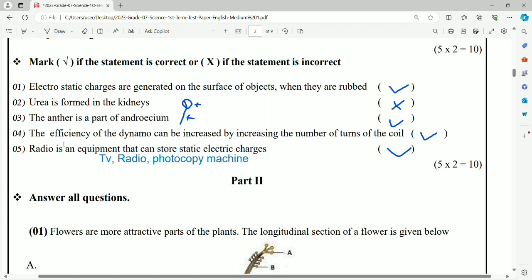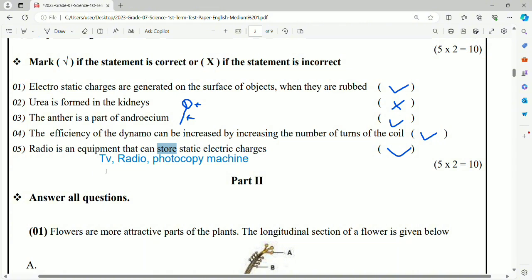The efficiency of a dynamo can be increased by increasing the number of turns of the coil. So when we increase the number of turns, we can increase the electricity. This is correct. Radio is equipment that can store electrical charges. No, here we have to think about storing electrical charges.